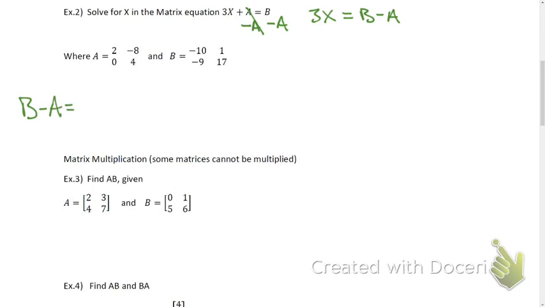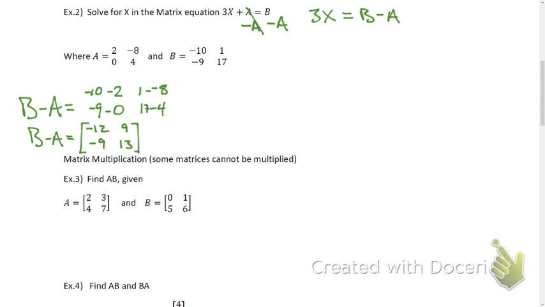We have negative 10 minus 2, 1 minus negative 8, negative 9 minus 0, sorry, I did that backwards, 17 minus 4. Looks like a weird 7. There we go. So B minus A is negative 12, positive 9, negative 9, and 13.